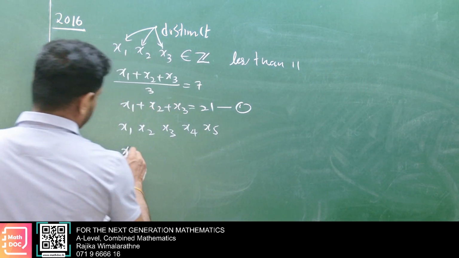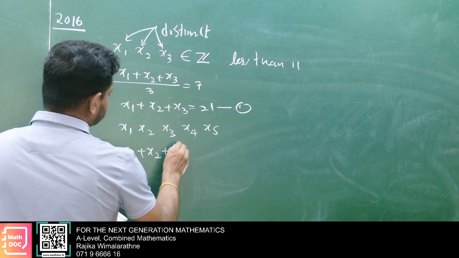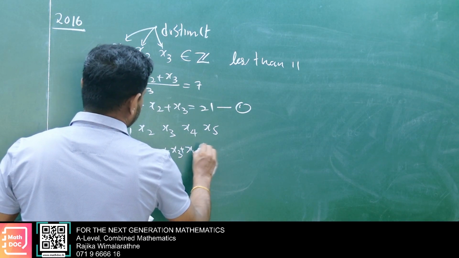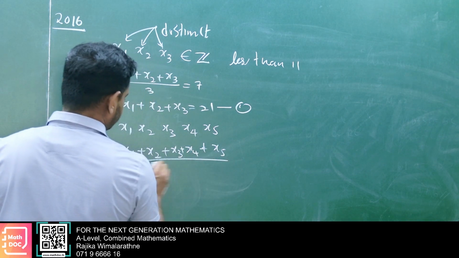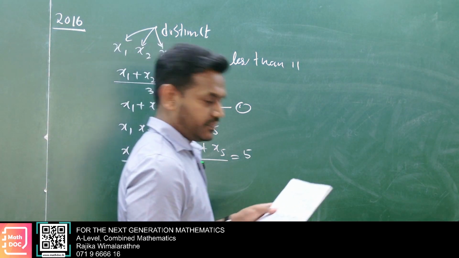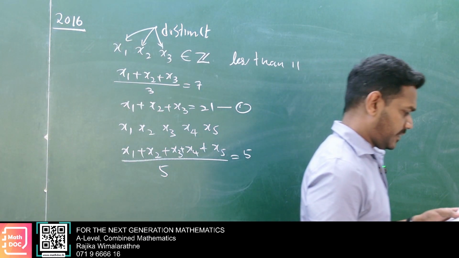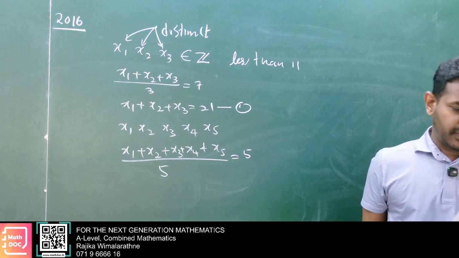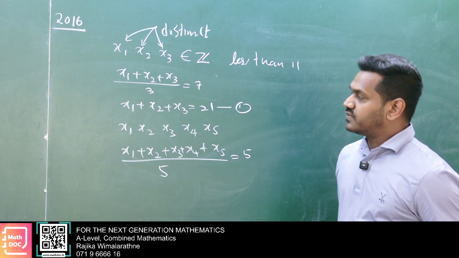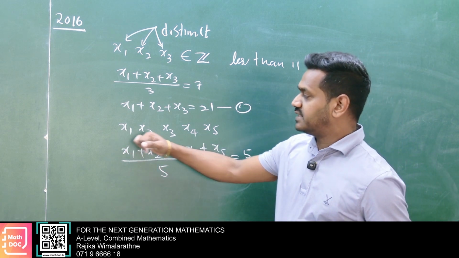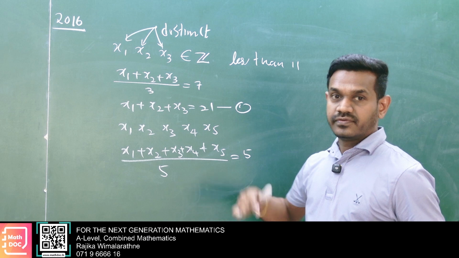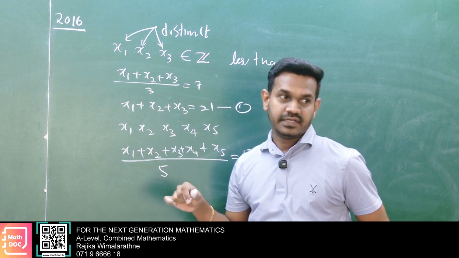Therefore x1 plus x2 plus x3 plus x4 plus x5 divided by 5 equal 5. The only mode of these 5 integers is 3. So here these are distinct, but after adding another 2 there is no mode.